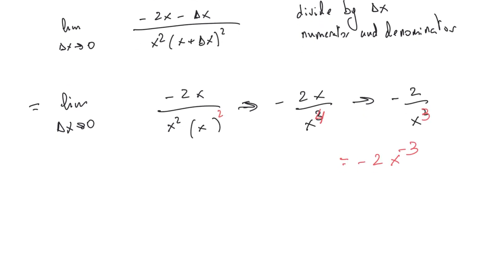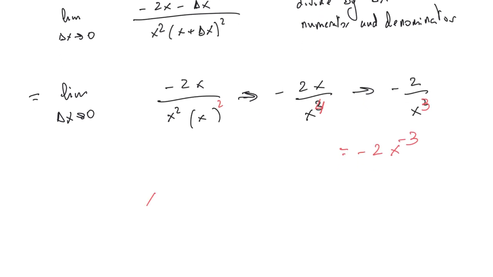So the derivative of x to the minus 2 is, this is the function, and this is the derivative: minus 2x raised to the power that exists, minus 2 minus 1, minus 3. So this is the derivative, and this is the rule.